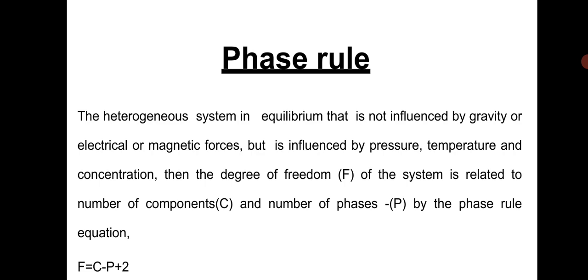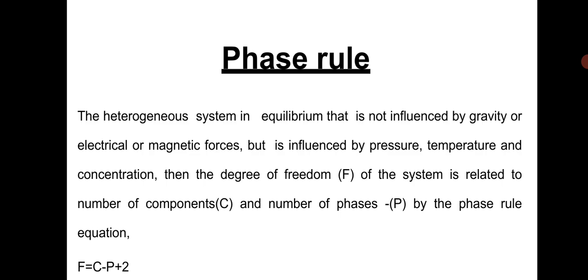See what is meant by phase rule. We know that equilibrium exists between a number of phases. Suppose the equilibrium between any number of phases is not influenced by gravity, electrical or magnetic forces. We know that it is mainly influenced by pressure, temperature and concentration.